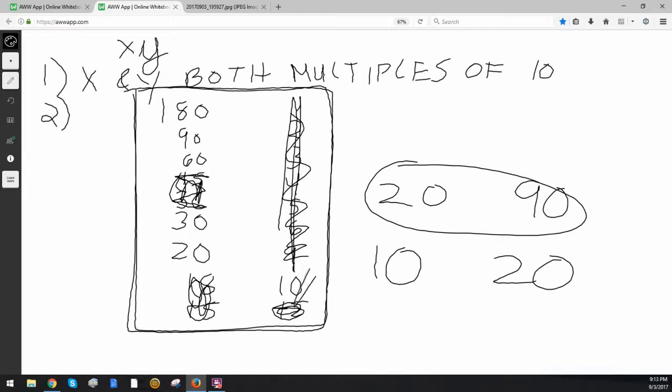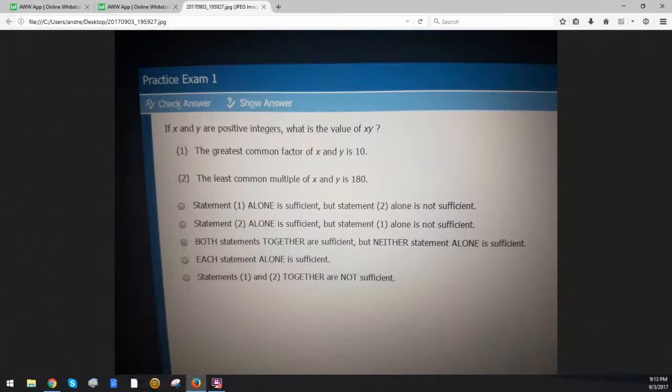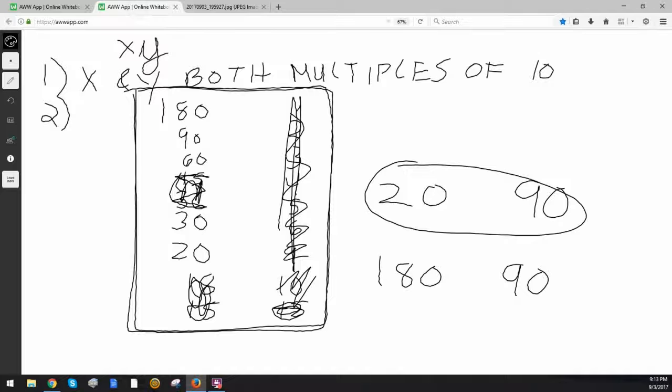And try as you might, let's take 180 and 90. Is the greatest common factor of 180 and 90 10? No. It's 90. So that one doesn't work.